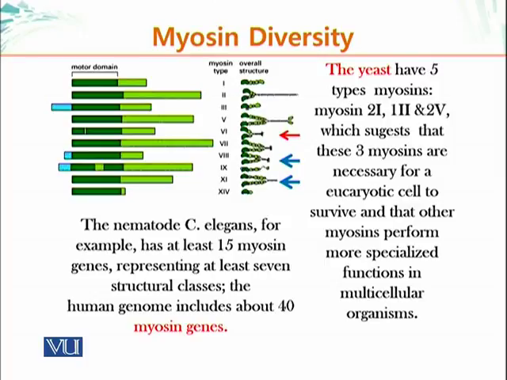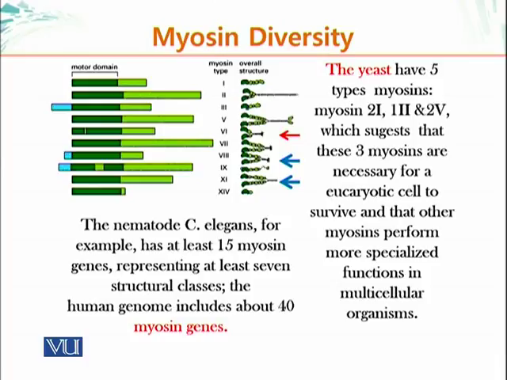The nematode, which is a type of worm we have talked about, C. elegans, for example, has at least 15 myosin genes representing at least 7 structural classes. The human genome includes about 40 myosin genes. Myosin II is always associated with contractile activity in muscle and non-muscle cells.